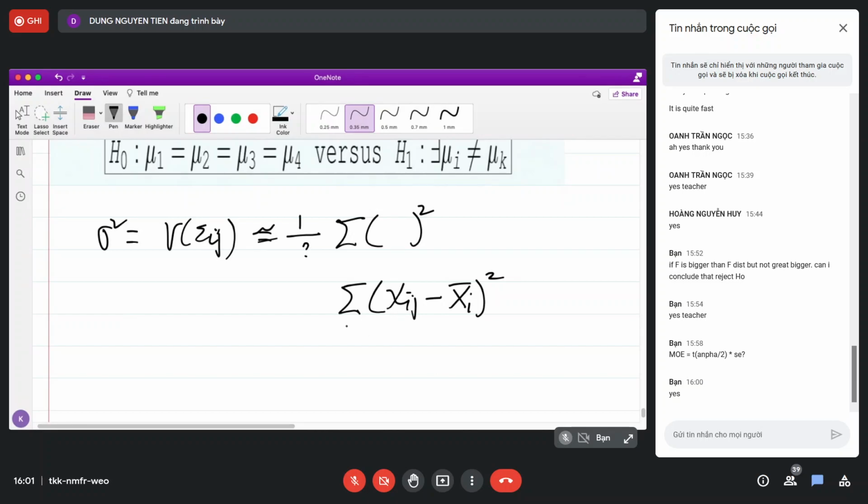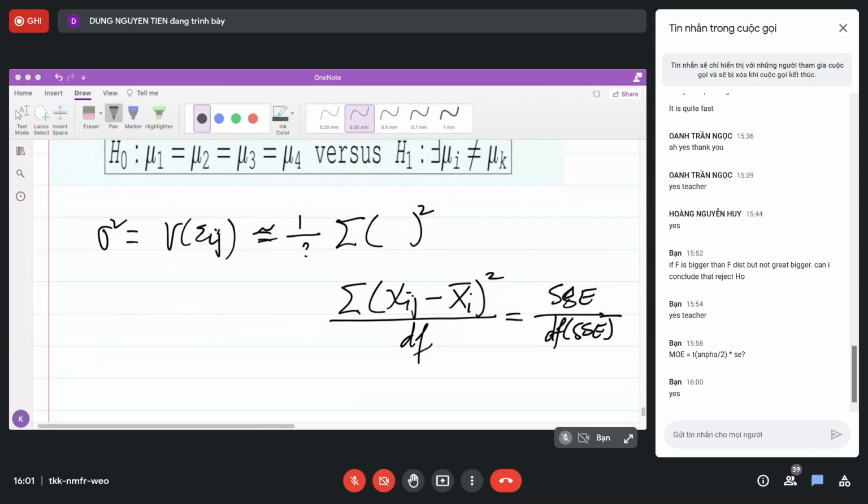And you divide this one by the corresponding degree of freedom. What is the top? The top is actually the SSE, the sum of square, and the degree of freedom in the denominator is simply the degree of freedom of the SSE. Therefore, we can see that this is simply the MSE, right? So I can approximate sigma square by the MSE. Okay, that is the first thing I want to mention.